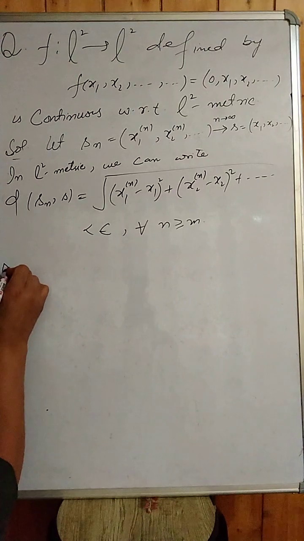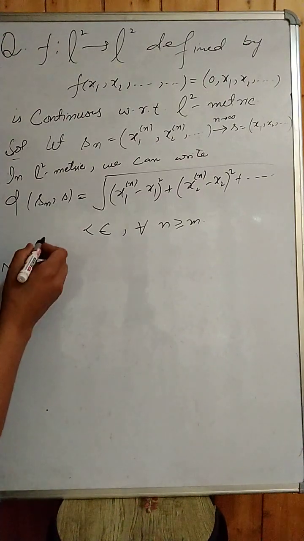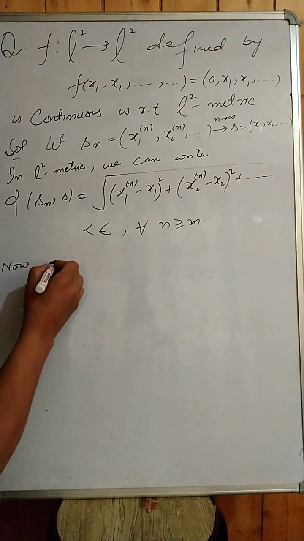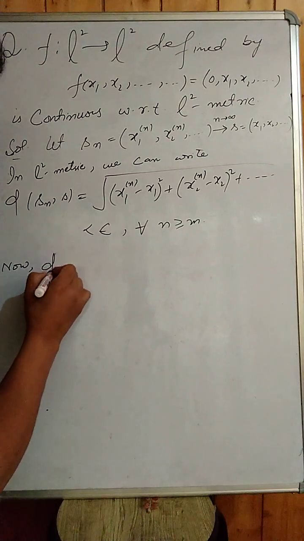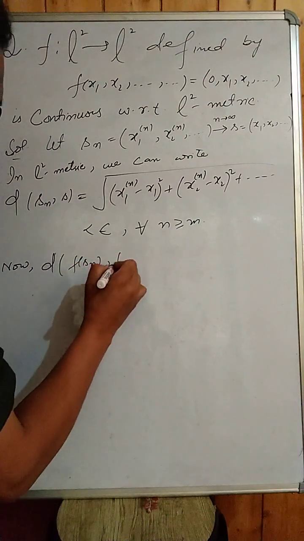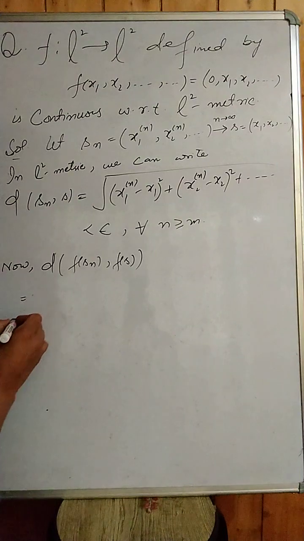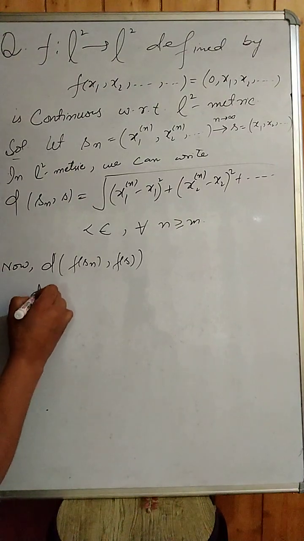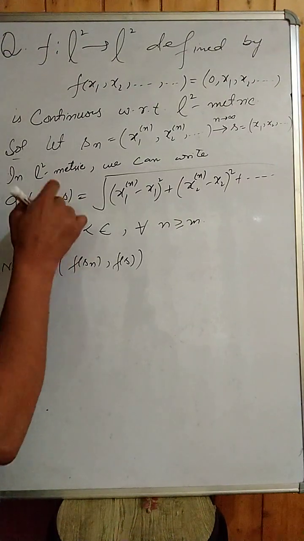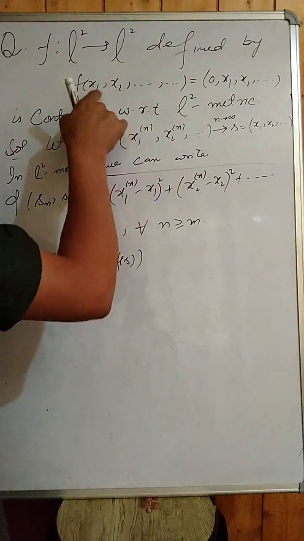Now, let us check the distance between their images. That means the distance of f of Sn, f of S. f of Sn means we have to substitute these components here.